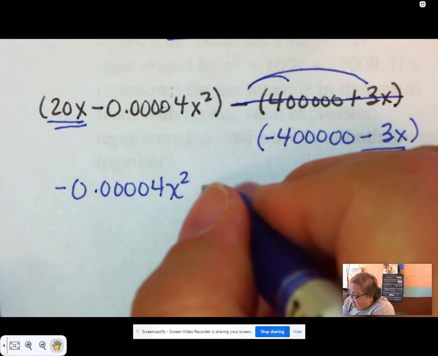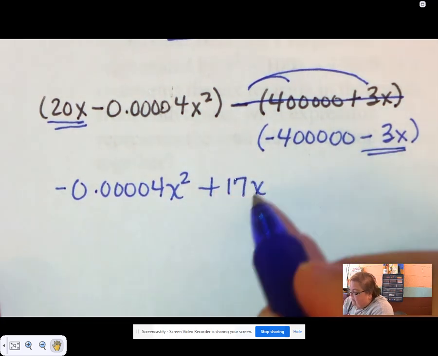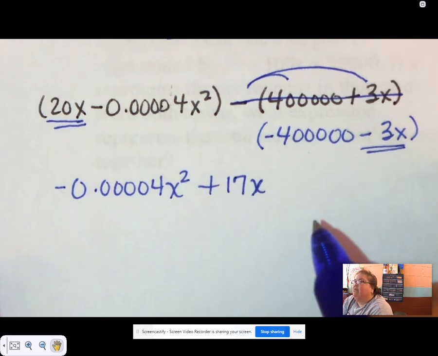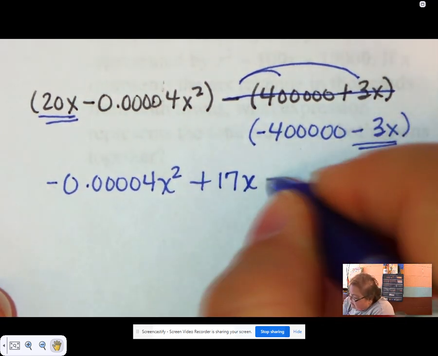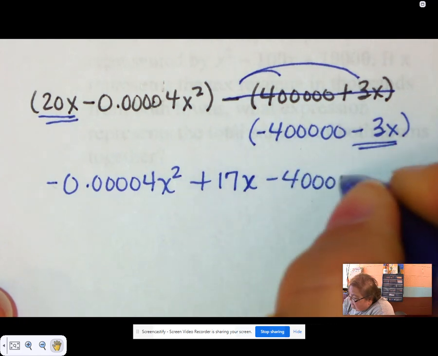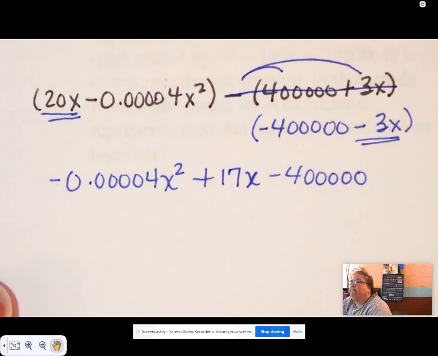And then 20 minus 3 is 17, keep the x. And then my constant, which is negative 400,000. Okay? Questions? They're bigger numbers, but it all works the same.